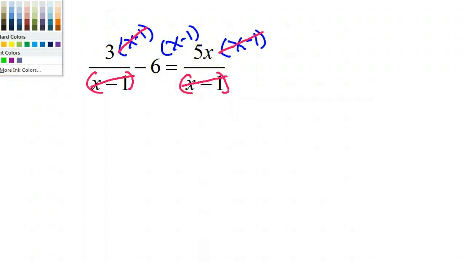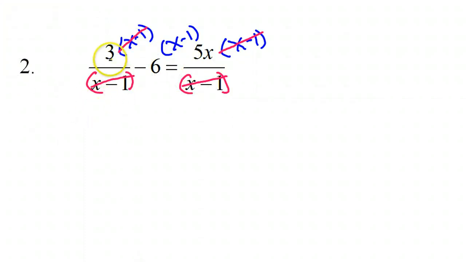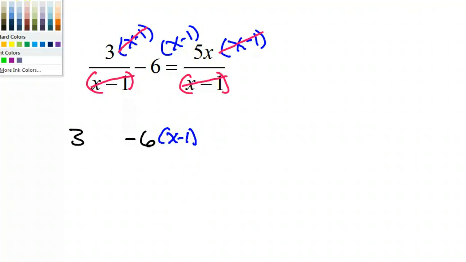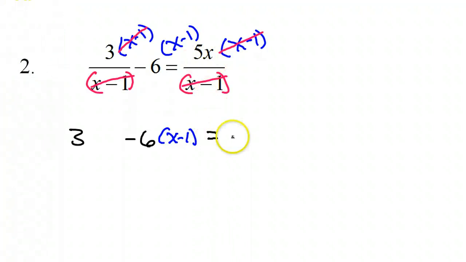So when I recopy, I've got the 3, okay, and then I've got the minus 6. Now this x plus 1, x minus 1 is still there. And that's going to be equal to 5x. All right, so no more fraction.